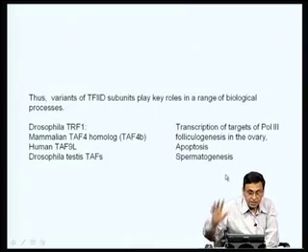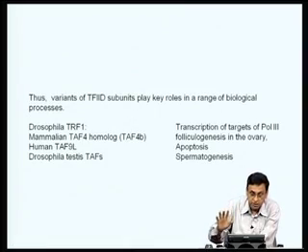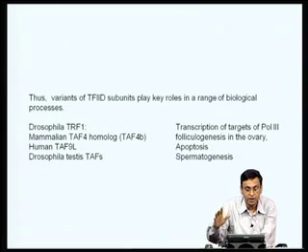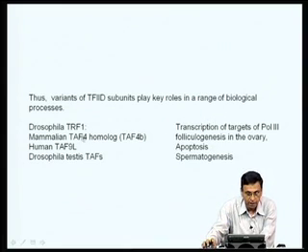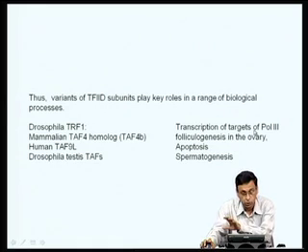So variants of TFIID subunits, whether TAFs or TBP variants, play a very important role, and I have just given you some examples here. In the case of TRF1 in Drosophila, it has been shown that TRF1 is essential for transcription by Pol III as well.